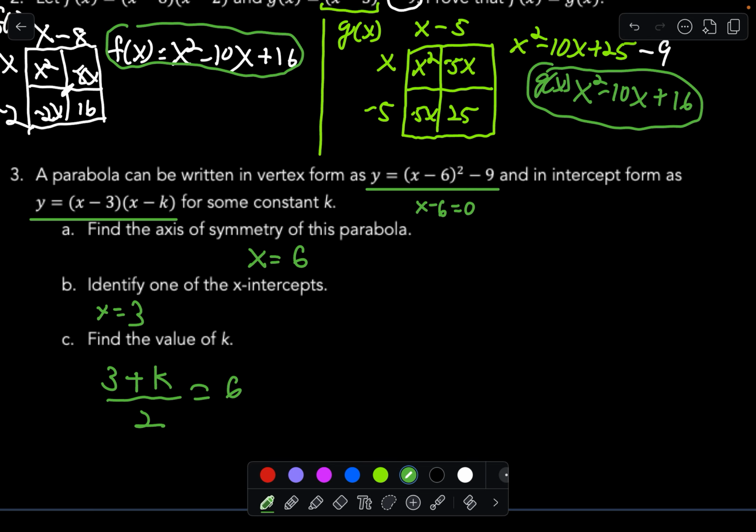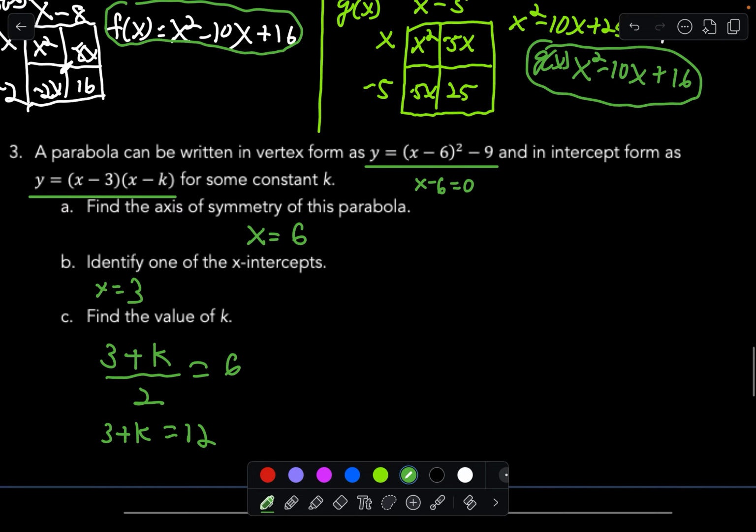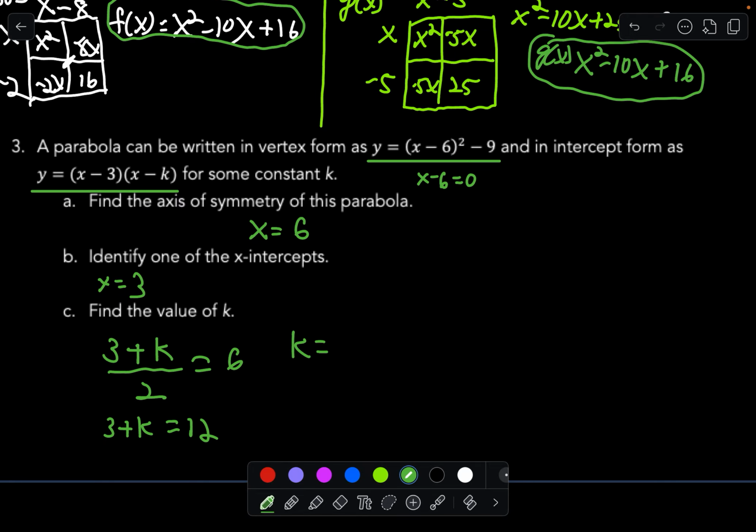Well, 3 plus k divided by 2 is 6. That must tell you that 3 plus k is equal to 12, because 12 divided by 2 is 6. Subtract 3, we get k equals 9.